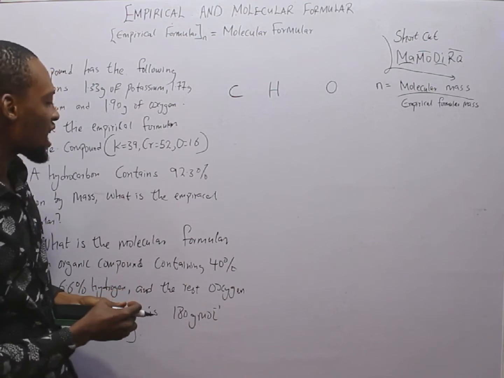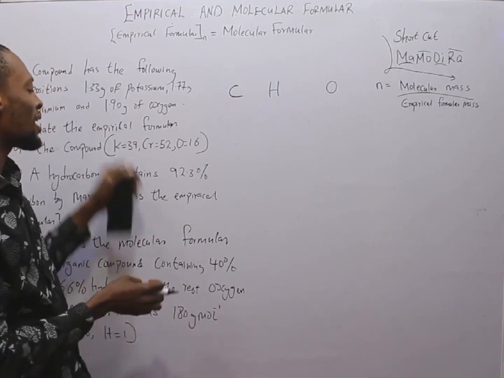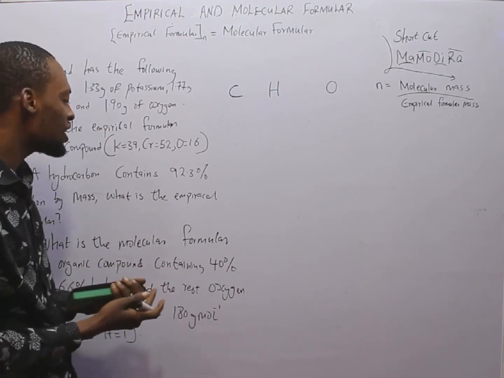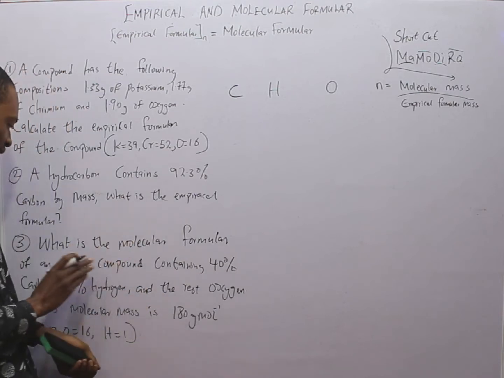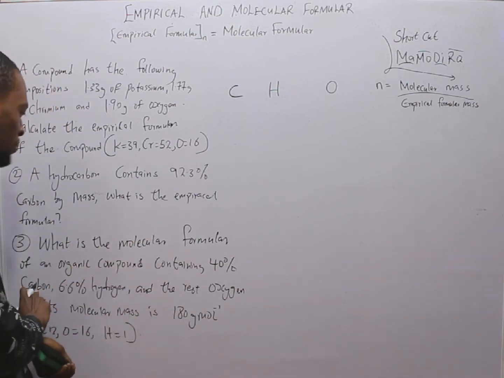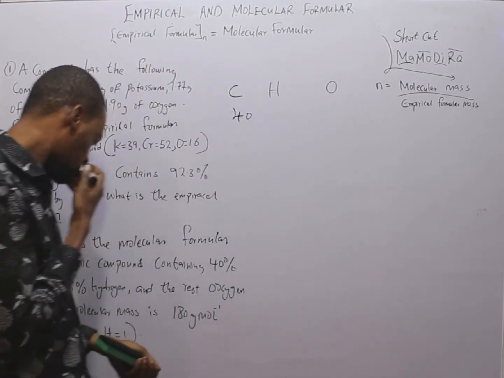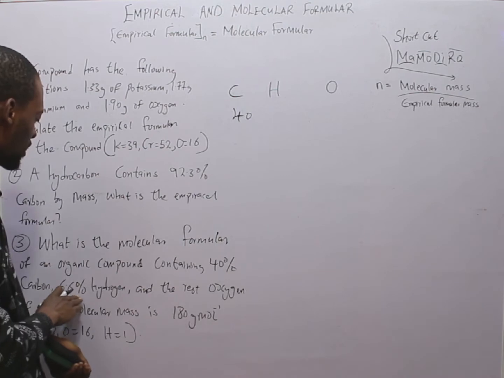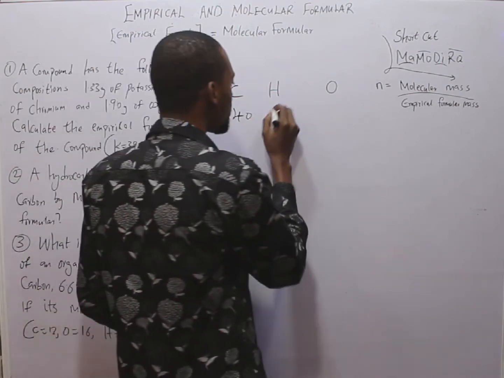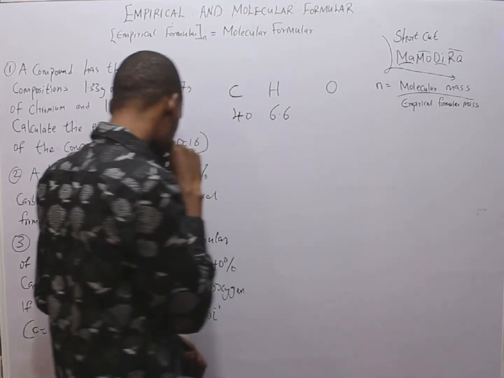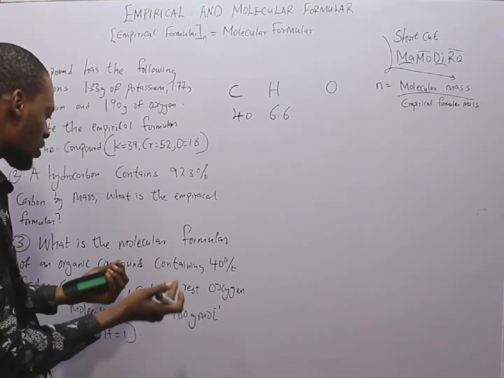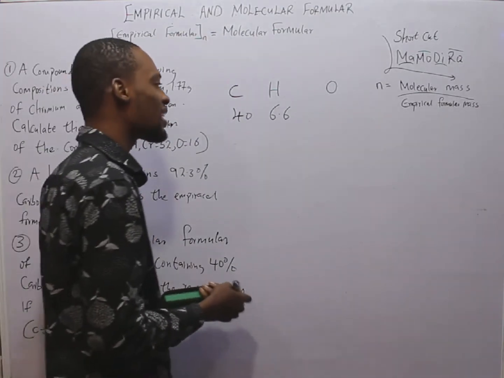In this case, they are giving us percentage by mass, not the mass in grams. It doesn't make any difference. So they say it contains 40% carbon. So carbon is 40 percentage by mass. Hydrogen is 6.6%. The rest of them is oxygen. So what will oxygen now be?